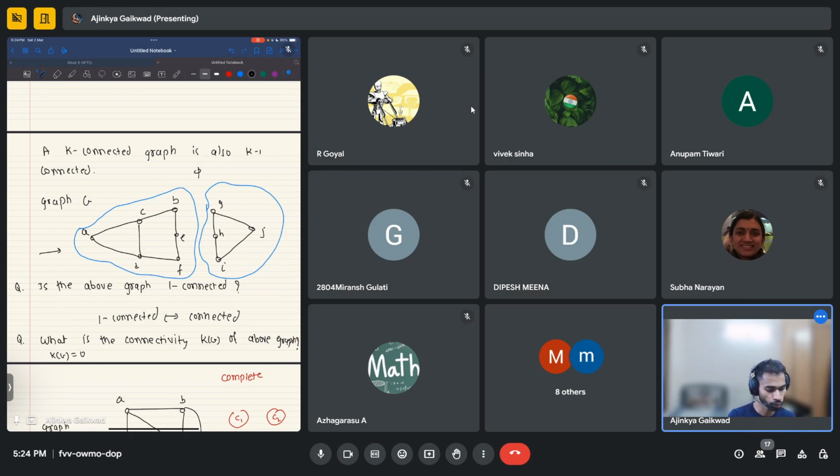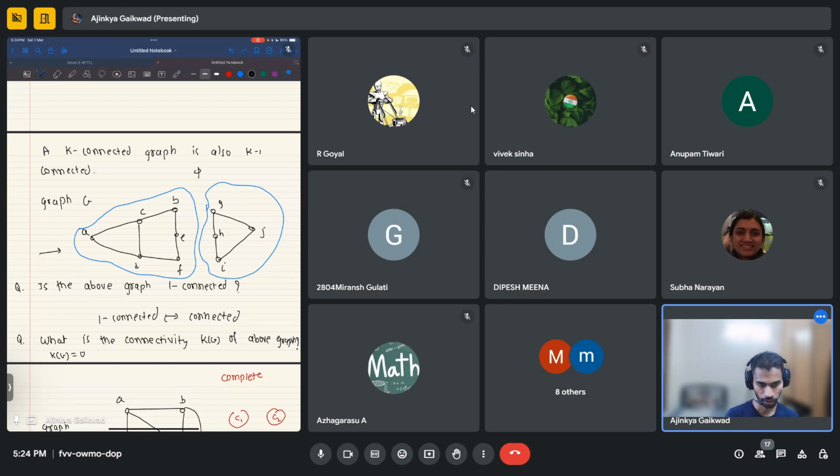No, right? Because I have two connected components initially only. Such a graph cannot be connected, or in this notation, it is not one connected, right? So this is an example where the graph is not one connected.